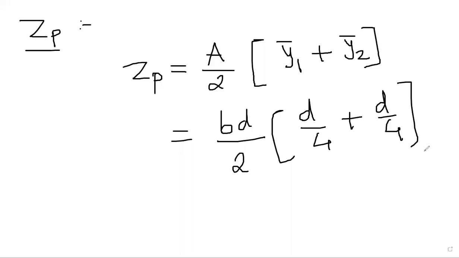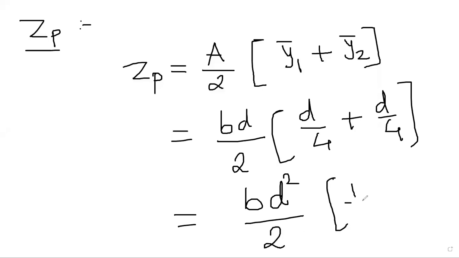If I am taking D common, it is BD square divided by 2 in bracket, 1 by 4 plus 1 by 4. All of you written?